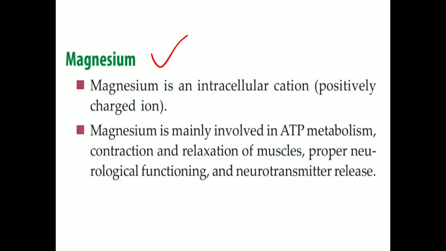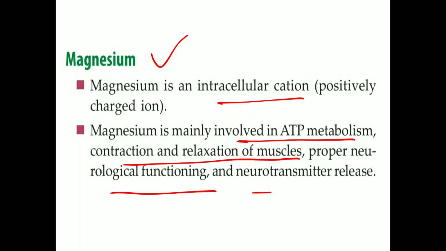The next is magnesium. Magnesium is an intracellular cation, mainly involved in ATP metabolism, contraction and relaxation of the muscles, and proper neurological functioning, and it is also responsible for neurotransmitter release.